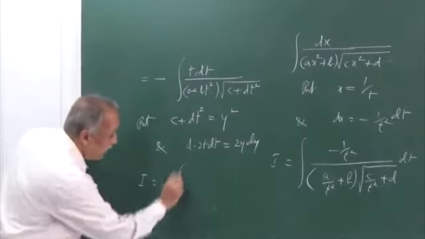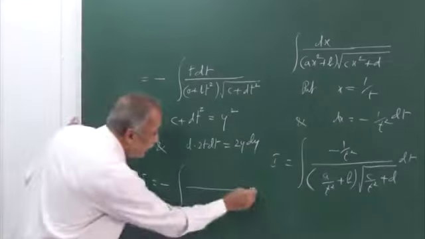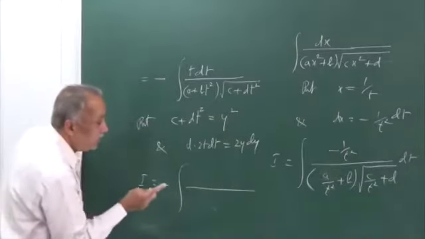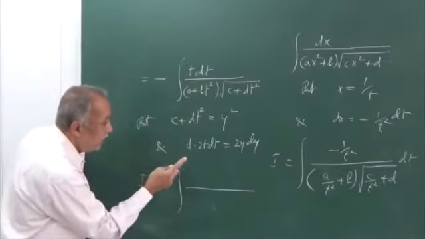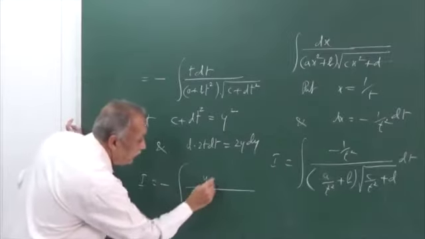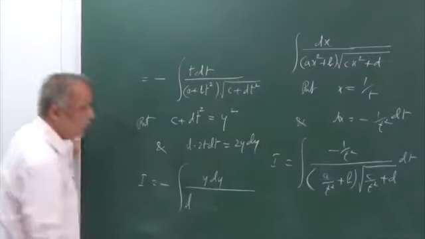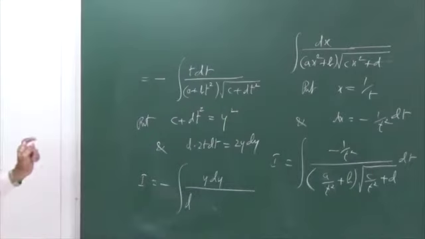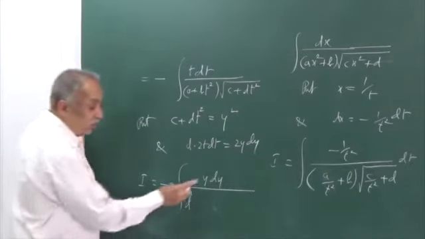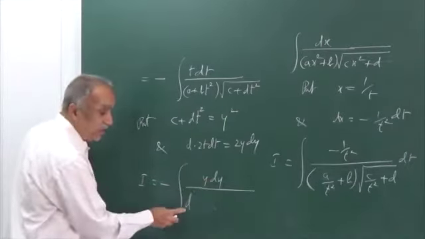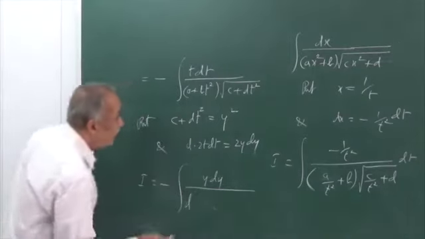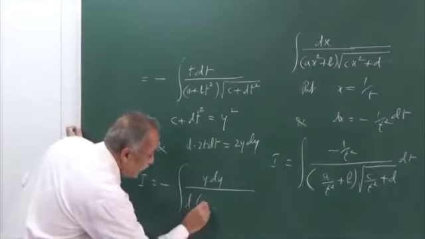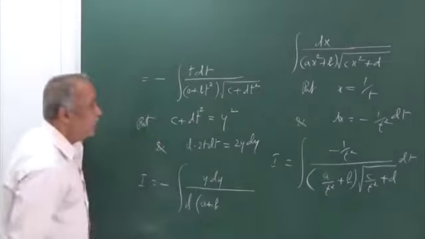Integral becomes minus of t dt is y dy divided by d. Don't try cancellation of this d against this d. Denominator a plus bt square is a plus b into t square.